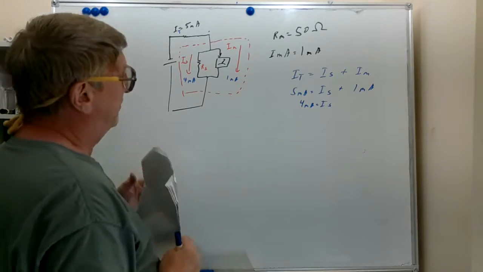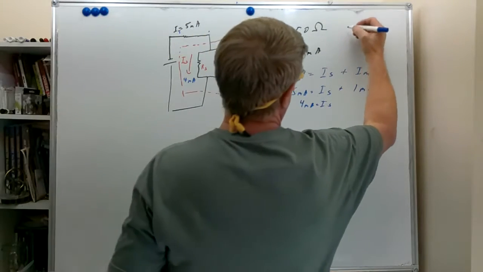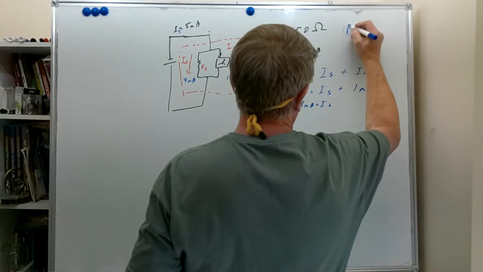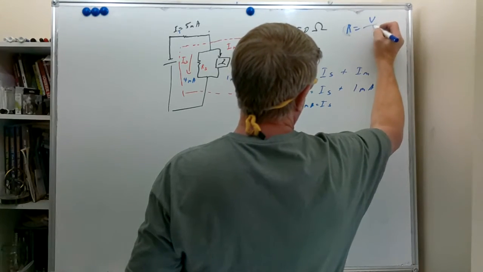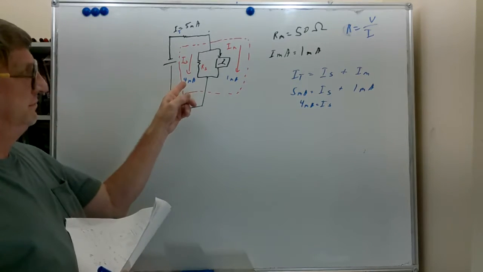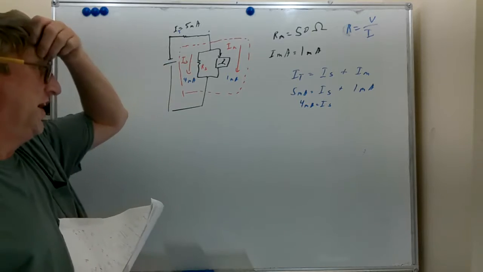We don't know the resistance. And we don't know the voltage, but we have a formula, Ohm's law. Resistance equals voltage divided by current. We have the current, 4 milliamps. We want to know what value of resistor for RS.